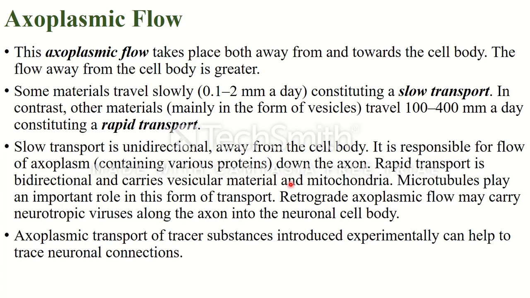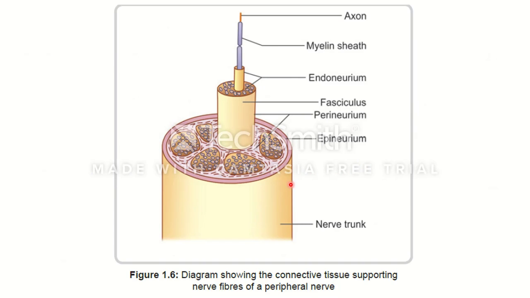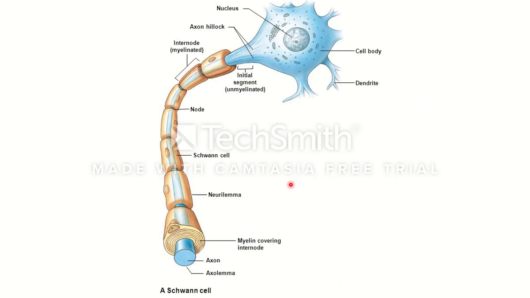This flow makes a transport along the axon, and this transport can be toward the cell body or away from the cell body.